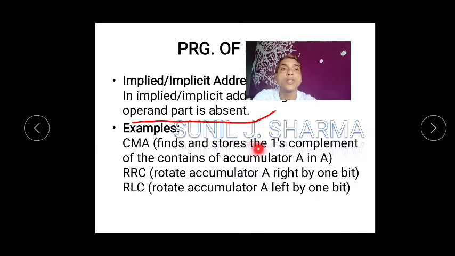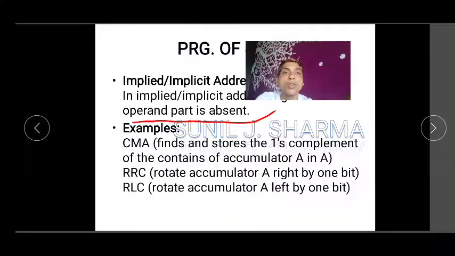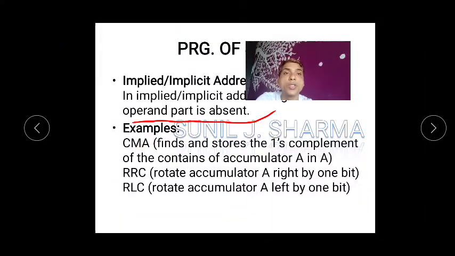CMA finds and stores the one's complement of the contents of accumulator A in A. What do you mean by one's complement? Replace 0 by 1 and 1 by 0. Whatever the value of the accumulator is, that will just be complemented. Now what do you mean by RRC?